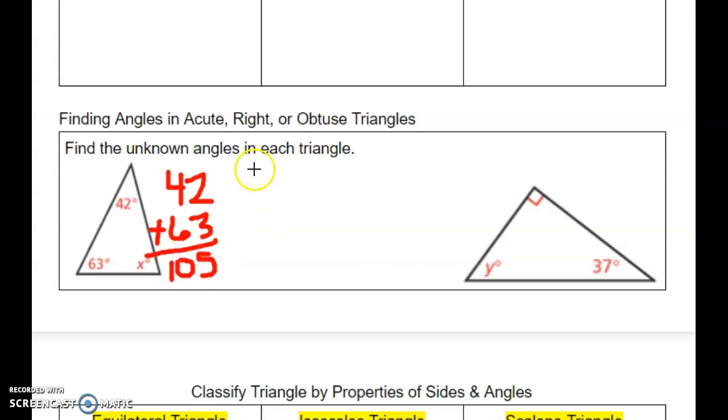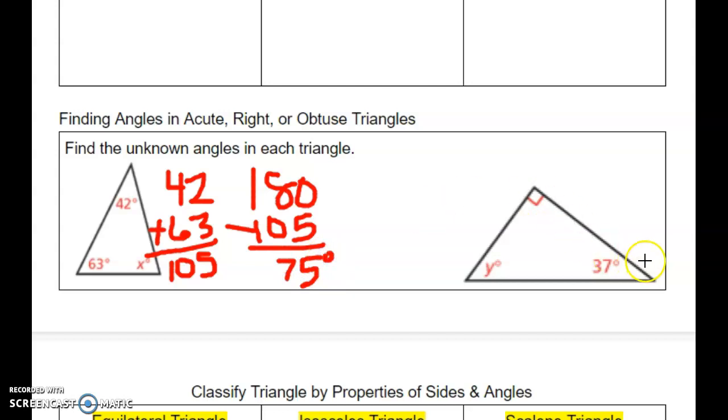Okay, and then taking the 180 that the angles in a triangle add up to and subtracting that 105, we're left with the measure of angle x. And so we know that it's 75 degrees, okay? We can do the same thing over here. Now, if you remember back to one of our earlier videos, what this little box means, it's 90 degrees, okay?